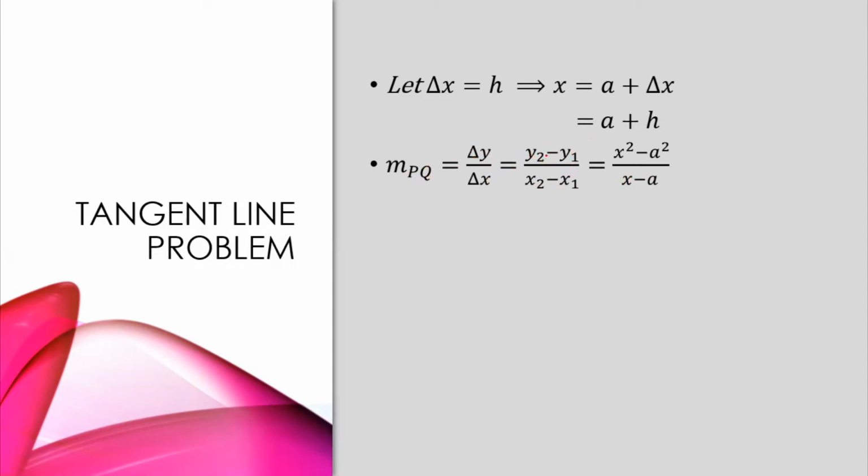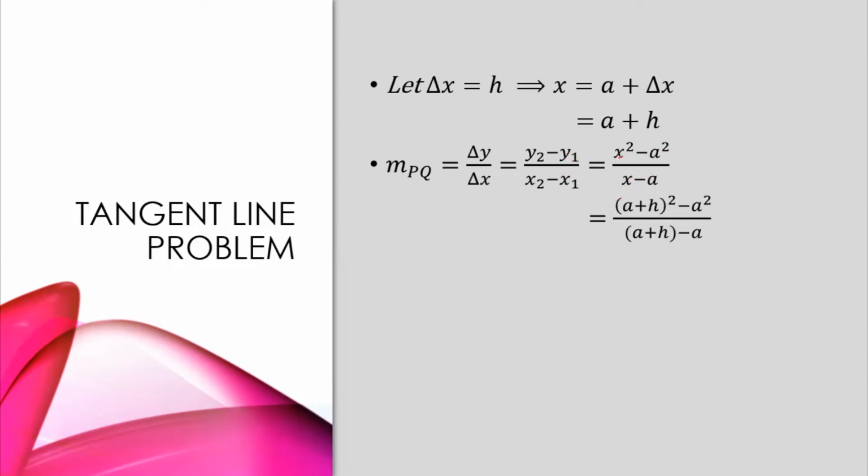Now, our y sub 2, given 2 points, is x squared, the y value, and y sub 1 is equal to a squared. Therefore, this becomes x squared minus a squared over x sub 2 minus x sub 1, where x sub 2 is x and x sub 1 is a. Therefore, we have this formula for the slope of the secant line.